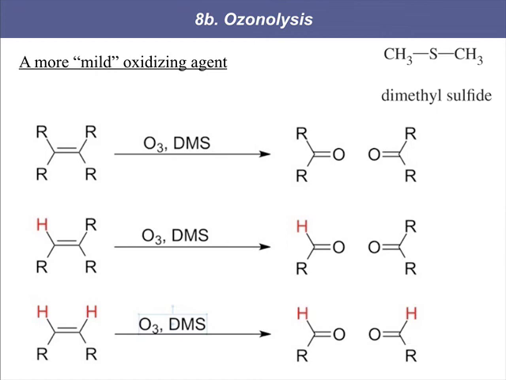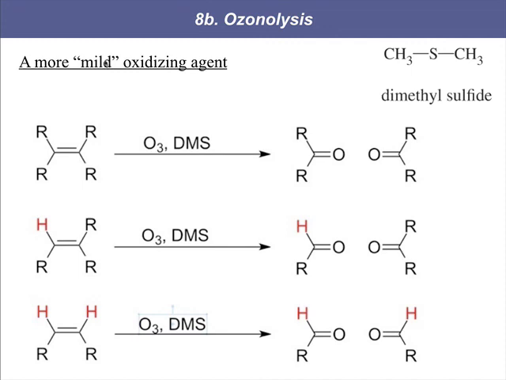And there's a mistake in this slide. I want to correct that. This reaction, ozonolysis, basically means breaking, lysis, by ozone, which is O3. So ozonolysis is simply a more mild oxidizing agent than KMnO4 is. I put mild in quotation marks because it is not a mild oxidizing agent.